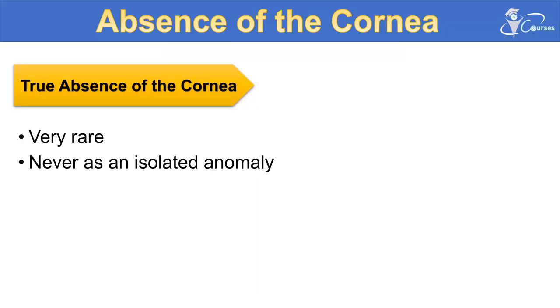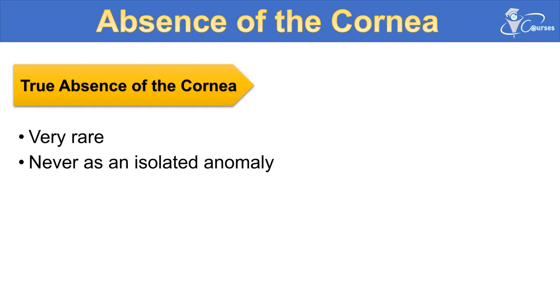If a patient has a true absence of the cornea, how does this look? Well, first of all, it is very rare and it is never an isolated anomaly. A patient with true absence of the cornea will almost always have agenesis of other anterior segment structures.